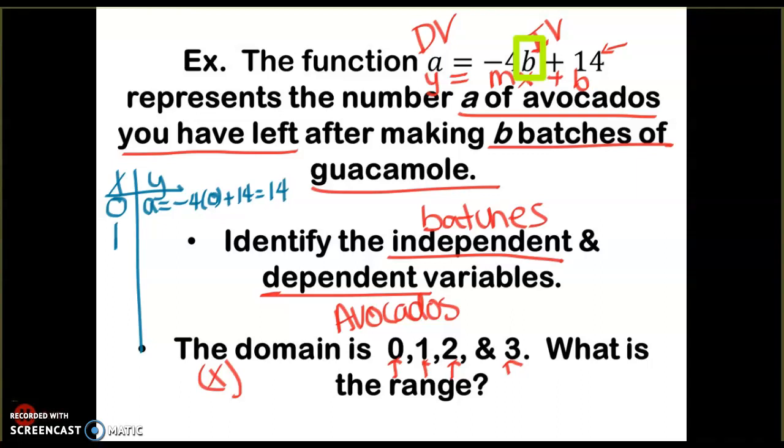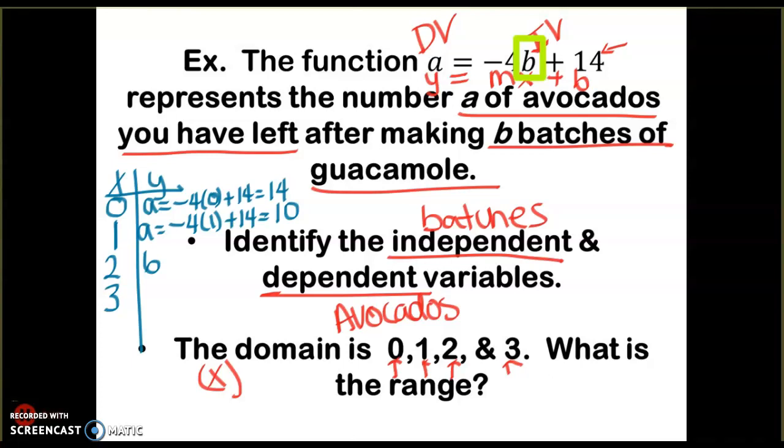If I make 1 batch of guacamole, how many avocados do I have then? Plugging in, negative 4 times 1 plus 14. Negative 4 times 1 is negative 4, plus 14, and I end up with 10. If I make 2 batches of guacamole, how many avocados do I have left? I have 6. If I make 3 batches of guacamole, how many avocados do I have left?